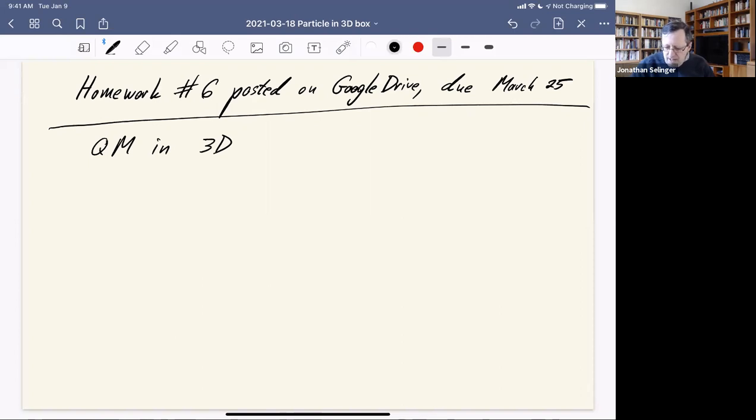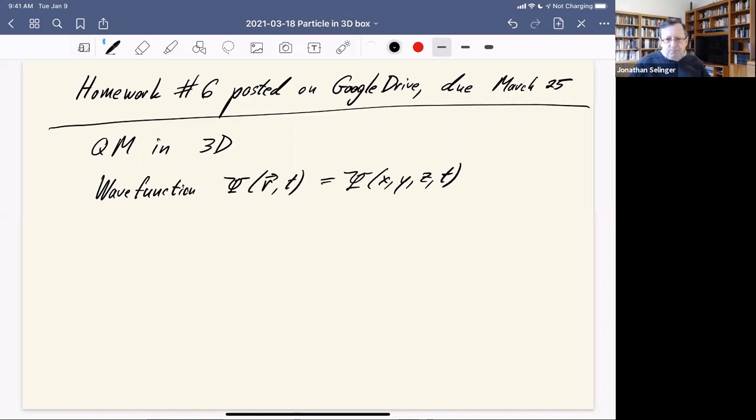We talked about ideas like having a wave function that is a function psi of position and time, and that means a function of x, y, z, and t. A lot of the stuff that we did in 1 dimension just has to be scaled up from 1 dimension to 3.